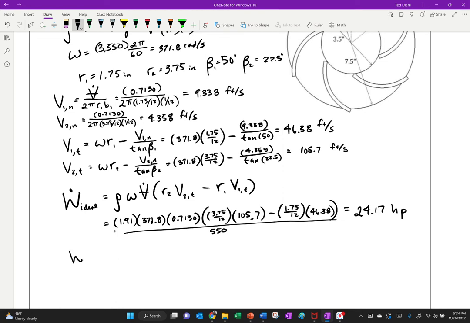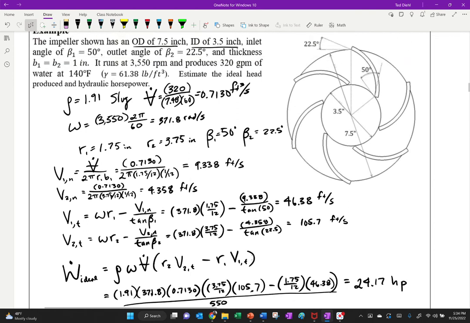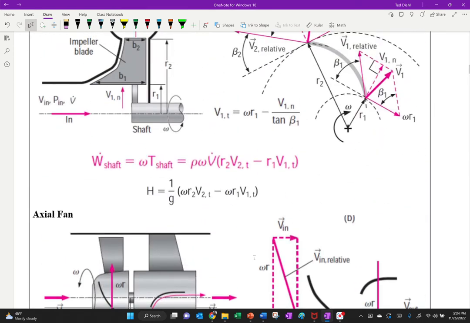So we'll say that the ideal head here is just going to be the ideal power divided by gamma, which is the same thing as the equation that I had written down in the previous part up here, right? So that's going to be the same thing as this right here.